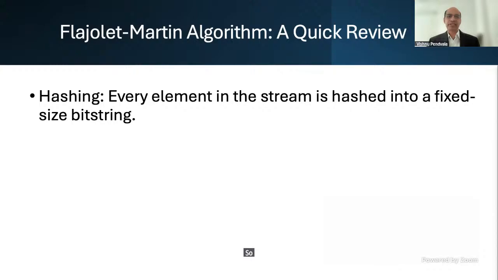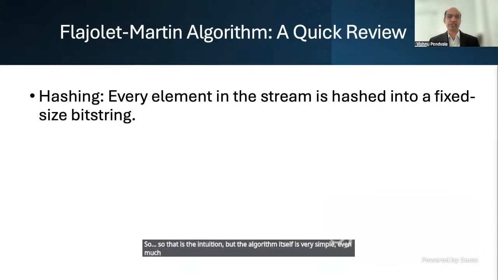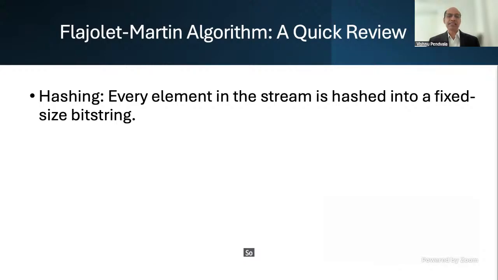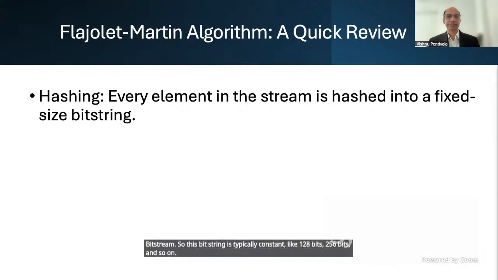So that is the intuition, but the algorithm itself is very simple, even much simpler than the intuition. So first, we hash every element in the stream to a number, and we convert that number into a bit string. So this bit string is typically constant, like 128 bits, 256 bits, and so on.